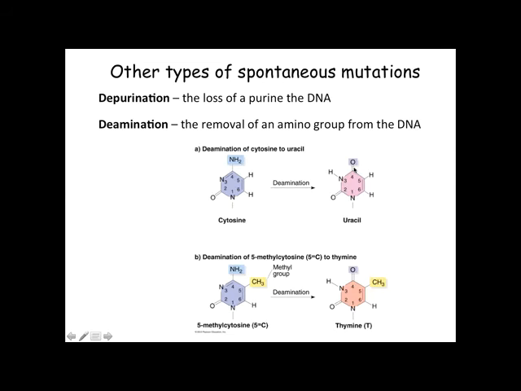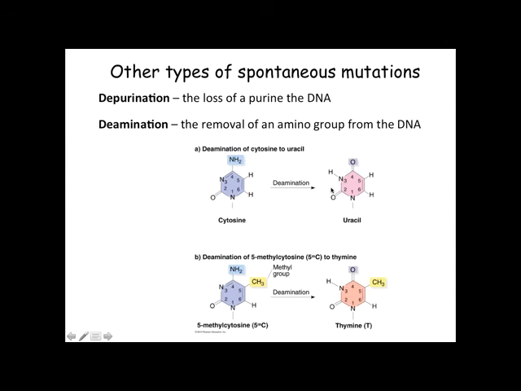So the difference here, you can see now that there's an NH on the 3' carbon due to the change in the hydrogen, the change in the bonding between the 3 and the 4 carbon. You can see here now, when cytosine loses this amino group, this is now a uracil.